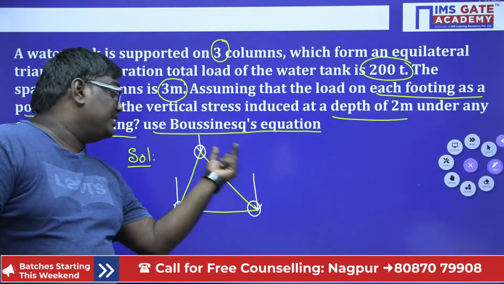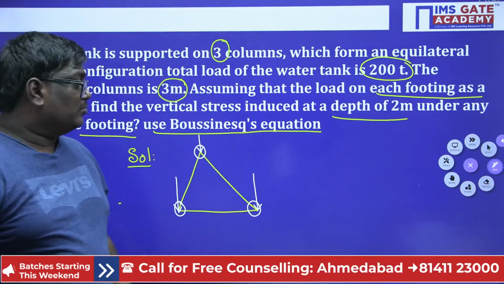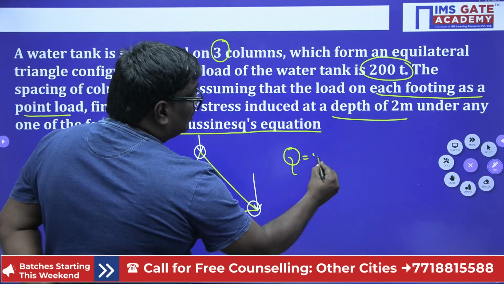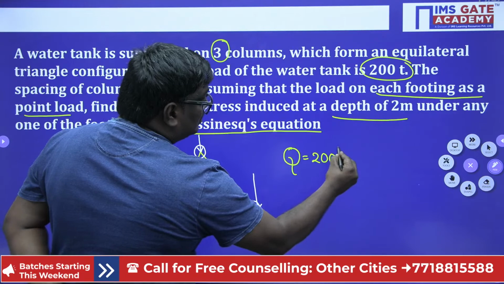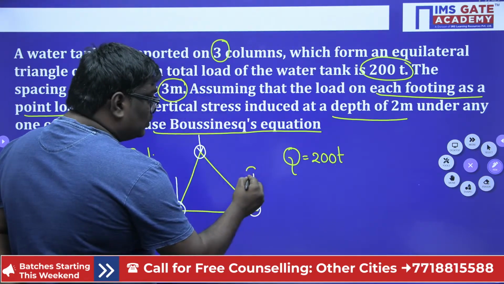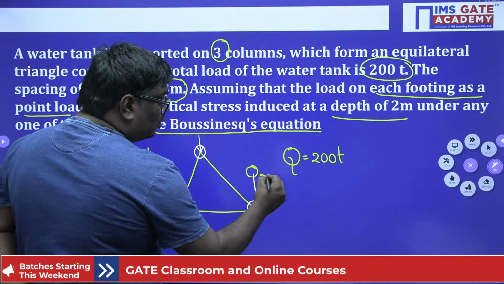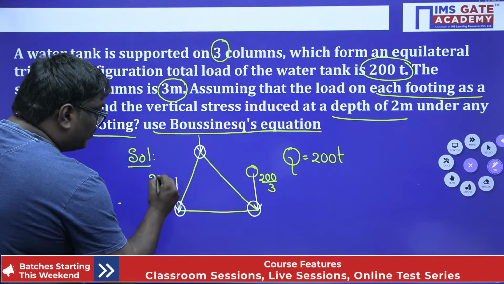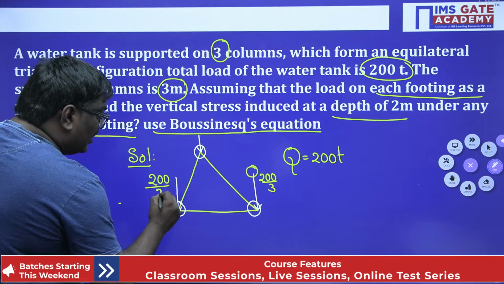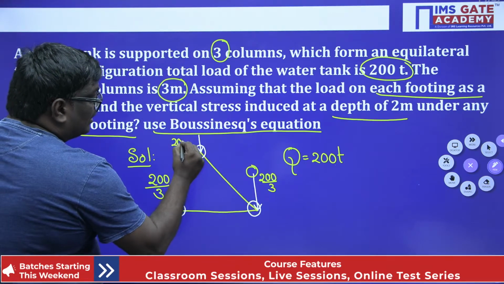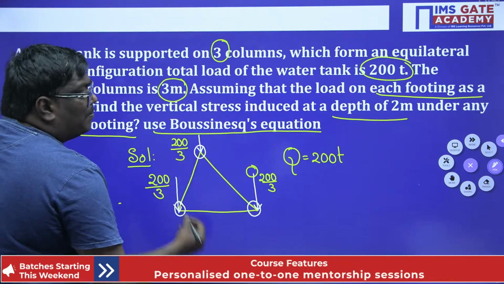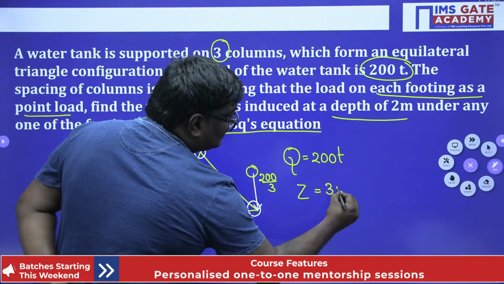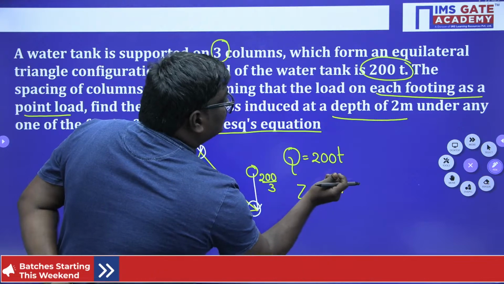The load is going to distribute equally on the 3 columns. If I consider the total load, how much is it, sir? 200 tons. So how much load is supposed to be distributed here? It will be 200 upon 3, and here also 200 upon 3, and here also 200 upon 3. Now, my dear students, what is the depth? Depth is given as 2 meter.